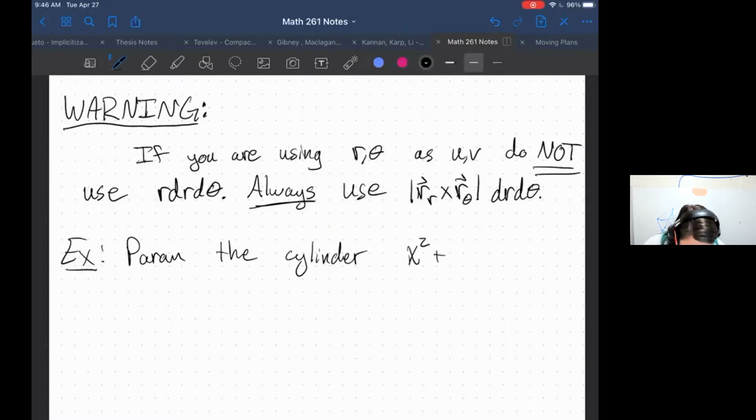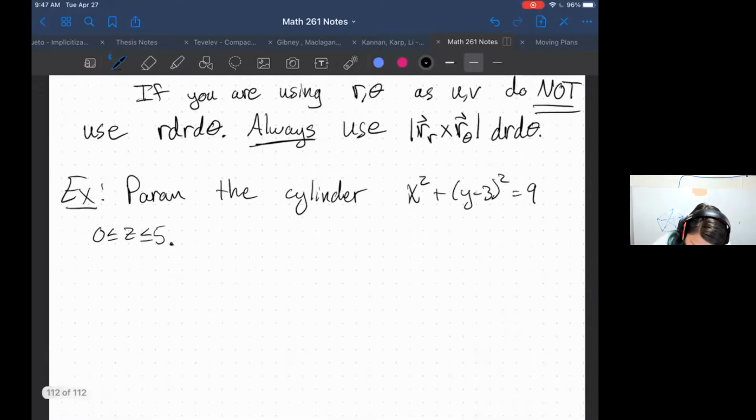So x squared plus (y minus 3) squared is equal to 9. So this is a cylinder that is shifted off the z-axis a little bit. And then we want z between 0 and 5. So this is a cylinder of height 5, of radius 3, but it's shifted off of the z-axis a little bit.